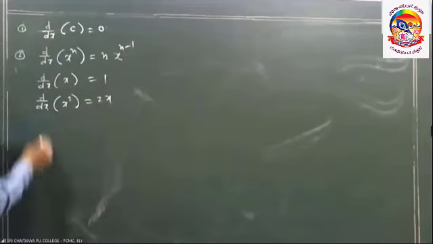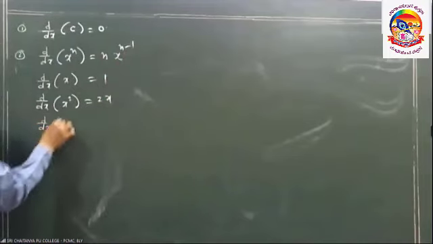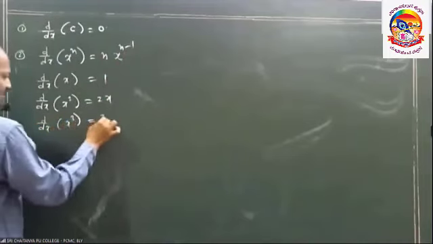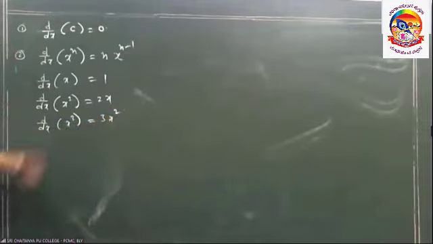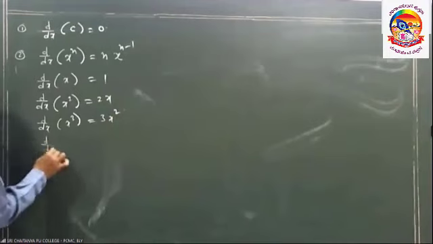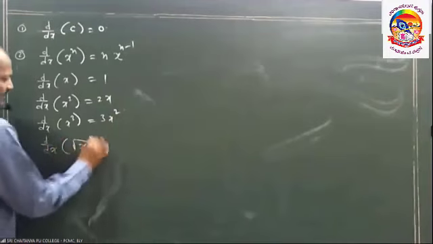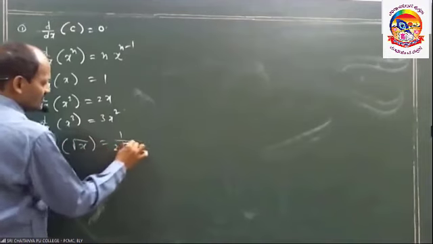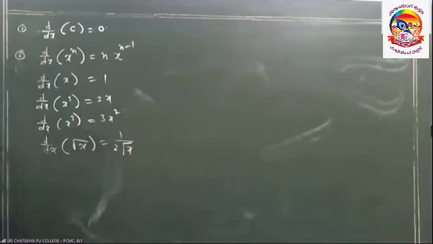Derivative of x power 3 is 3x square. Similarly x power 10 gives 10x power 9, and so on. Derivative of root x is 1 by 2 root x. So all are the same, by using this formula: derivative of x power n is n x power n minus 1.